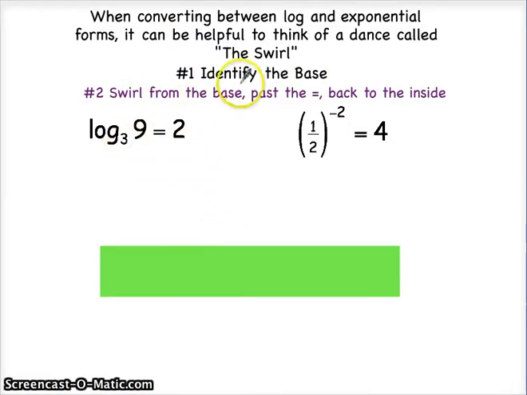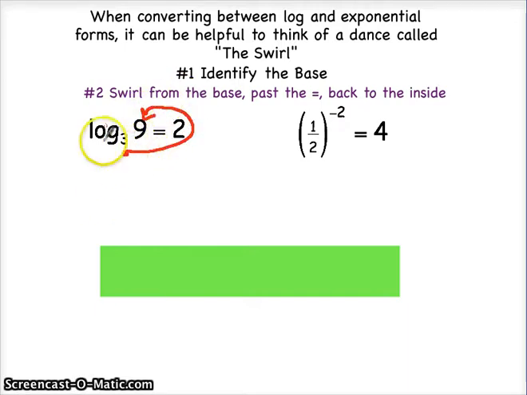So one way to do that is with what's called the swirl method. If you start with the base, and the base of a logarithm, log base 3, the base is written as a subscript. It's a smaller number to the lower right. If I start at that base and make an arrow curling around, I'm going to go to the other side of the equal sign and then swirl back to the number inside of the logarithm.